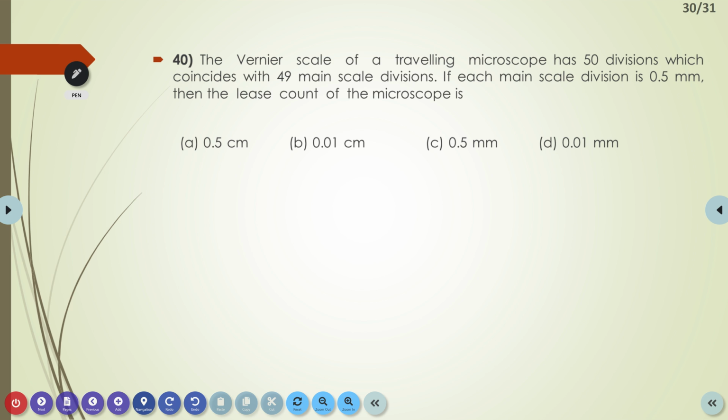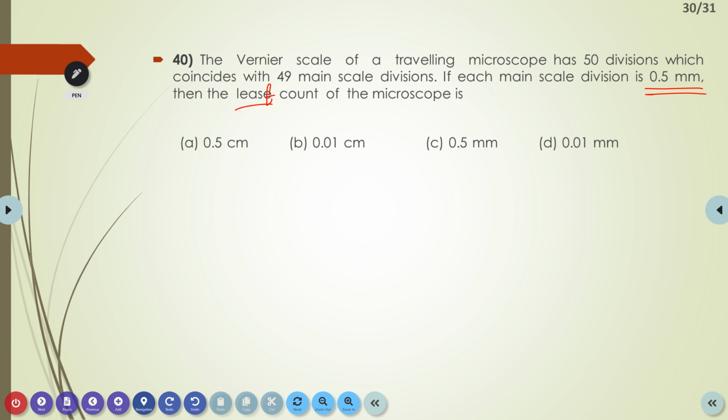The vernier scale of a traveling microscope has 50 divisions, which coincide with 49 main scale divisions. If each main scale division is 0.5 millimeter, then what is the least count of the microscope?